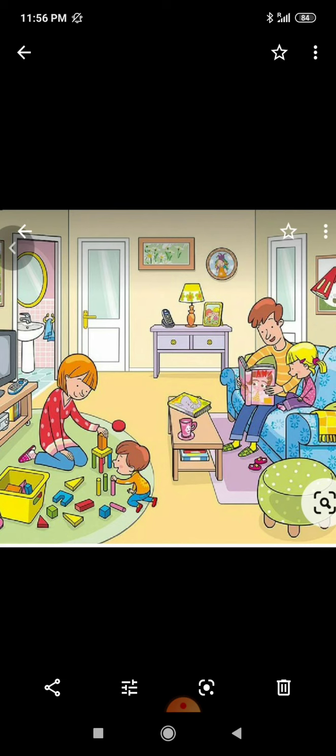Then you go and describe each and every person. Like, what is the father doing? What is the little girl doing? Where are they sitting? What are the mother and the boy doing? All these will come later. Your first sentence will be about the picture. After you have started, you go on to describe everything that is happening.